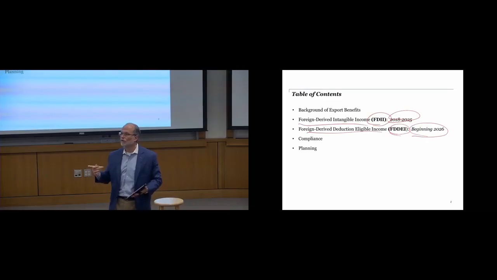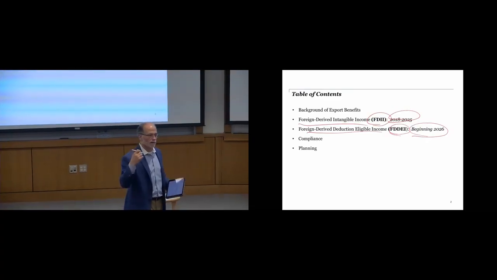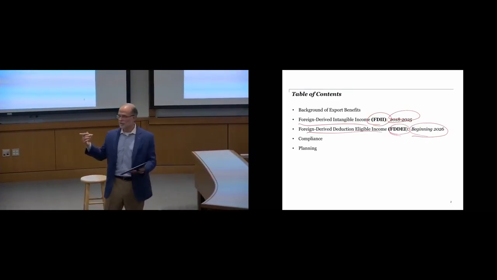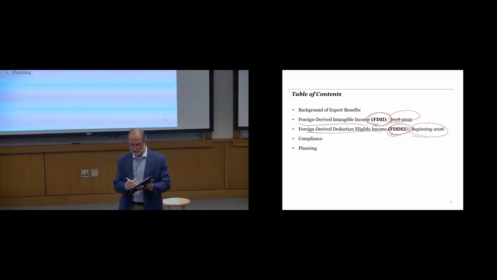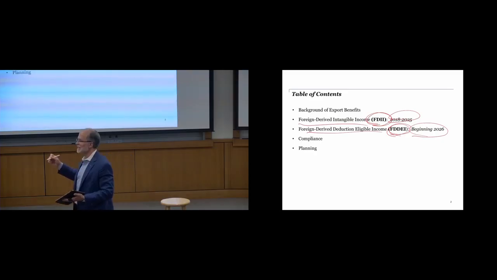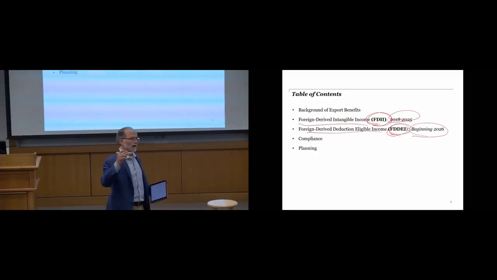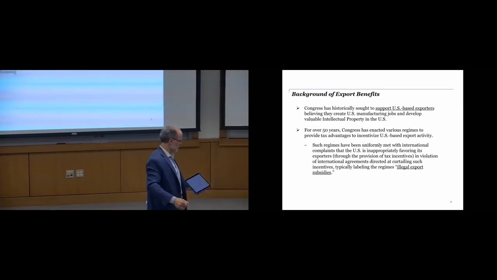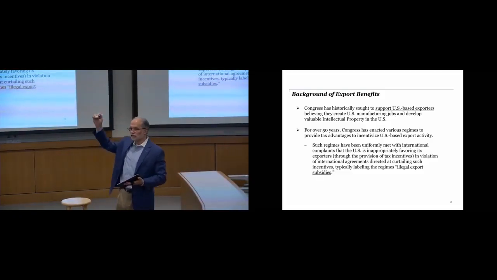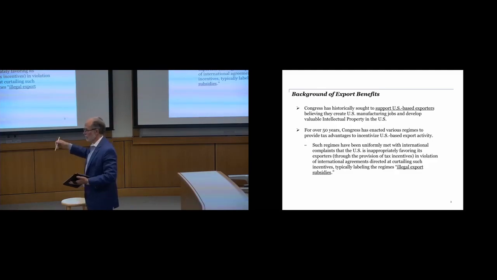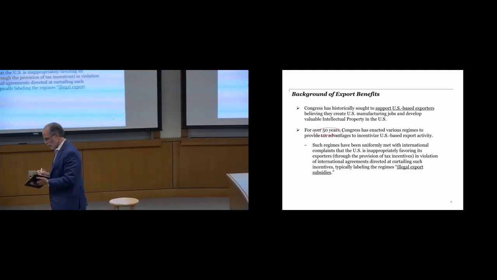What is the policy? I'm going to say Republicans, because they're the ones who voted for this, both the original FDII regime and the FDDEI regime. They were the drivers behind that legislation. So this is not new, even though those regimes started in 2017. We've been trying to do this for over 50 years.